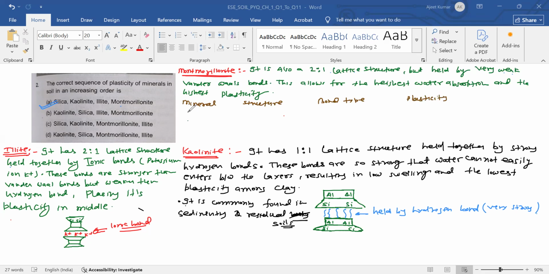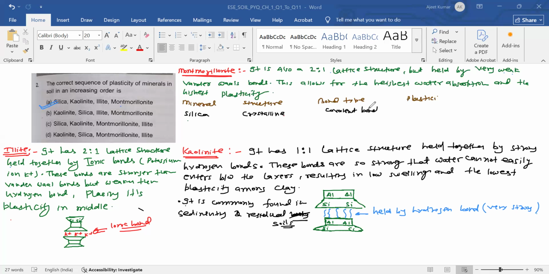If the mineral is silica, the structure will be crystalline, and the bond type is covalent bond.